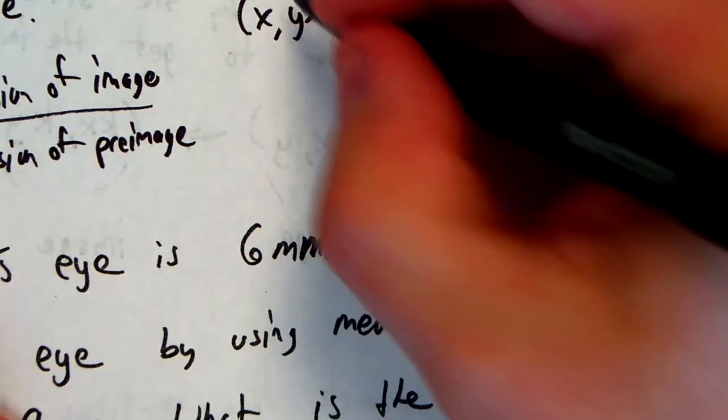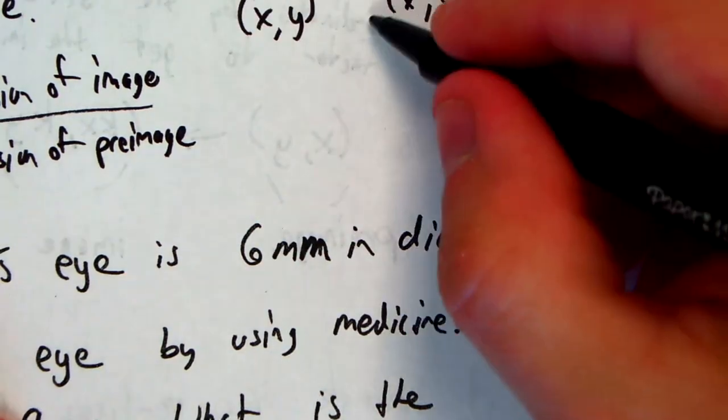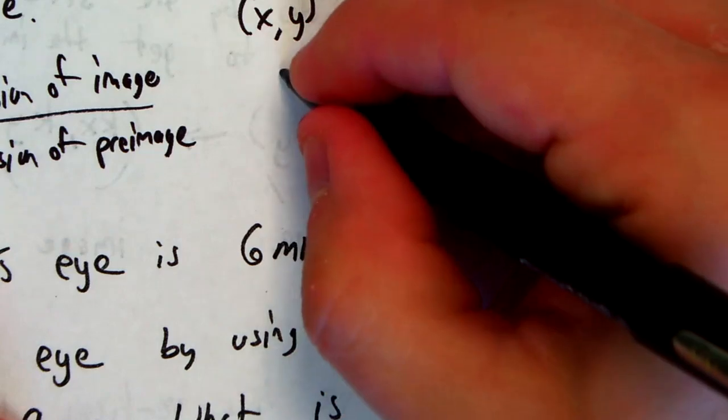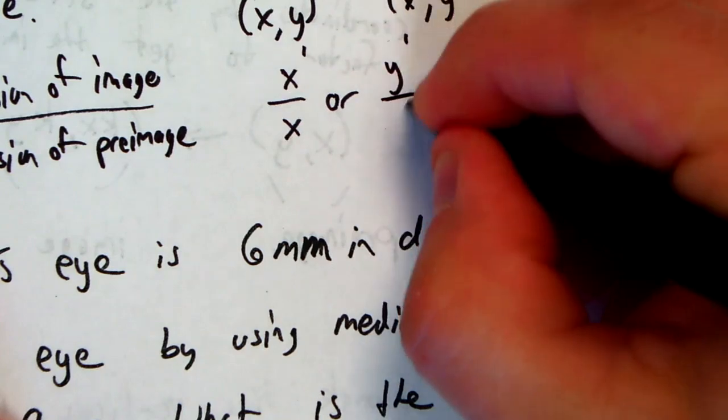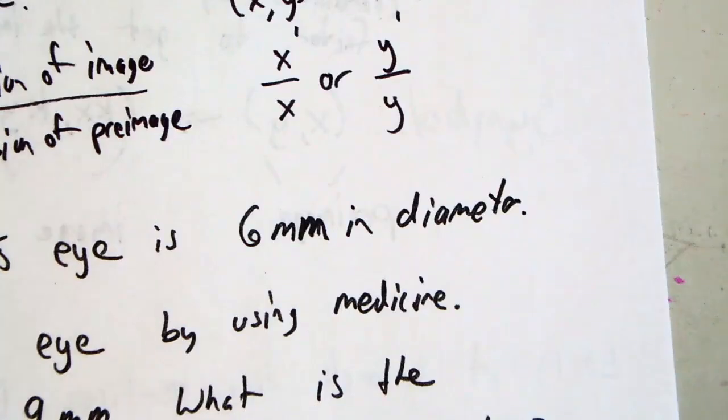Remember, this is the pre-image here, this is the image. So we would look at x prime divided by x, or y prime divided by y. Any and all of those are going to be very much appropriate. It just simply depends on what is given to us.